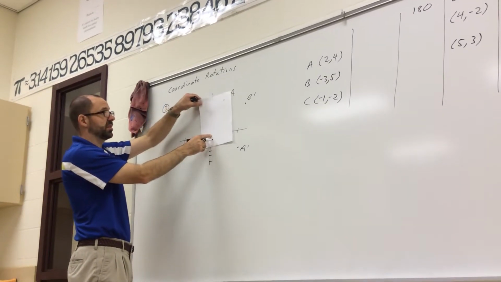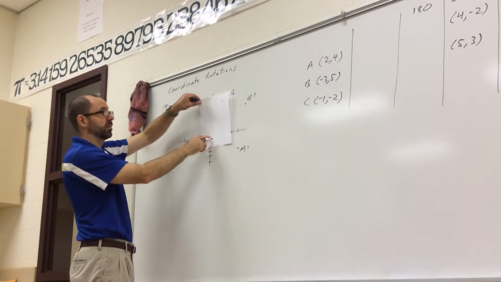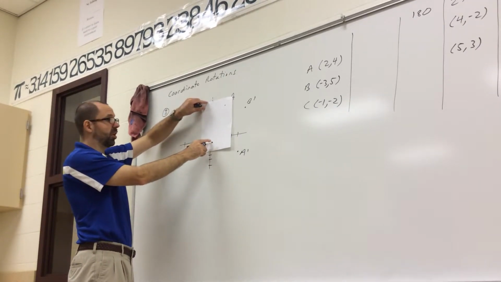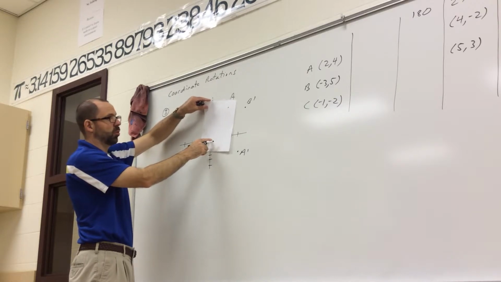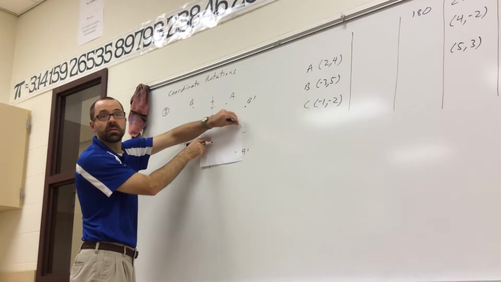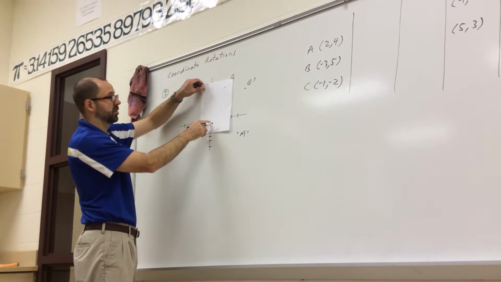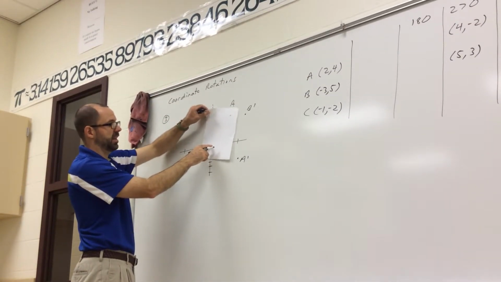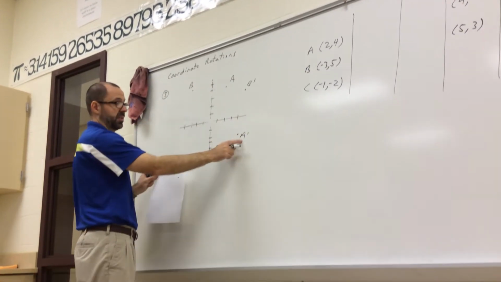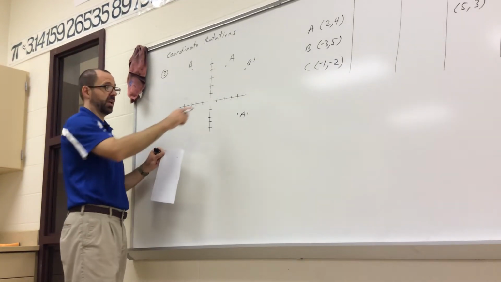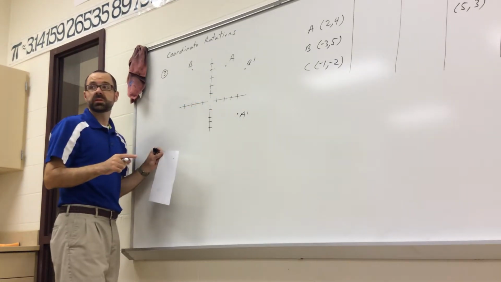So negative is this way. And 90 is 1/4. So we're going to go 1/4 turn this way. So that A ends up back down there. So it's here again at 4, -2.